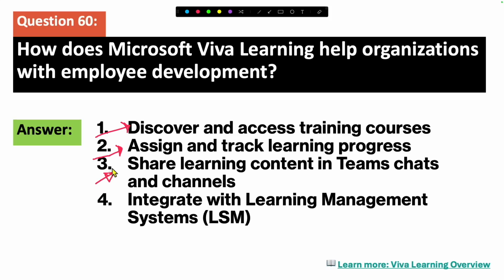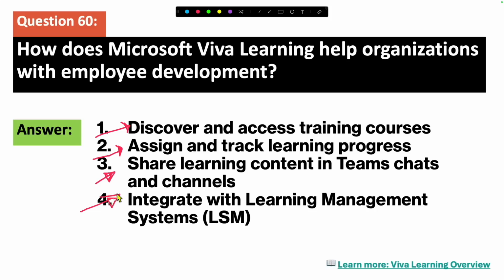Third, share learning content in Teams chat and channels. This will enable the employees who use Viva Learning, if they find a good course which they find useful, they can actually copy the link and share it with other wider employees within an organization. They can use the chat or channels or email to share that link so other people can also access it.